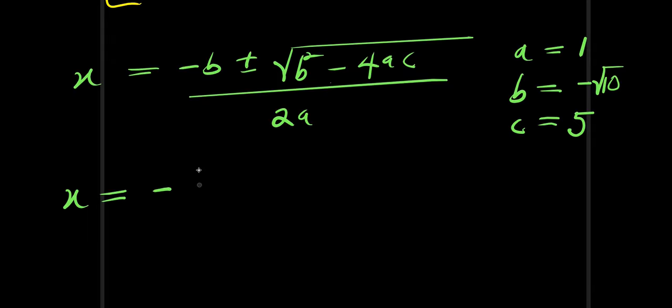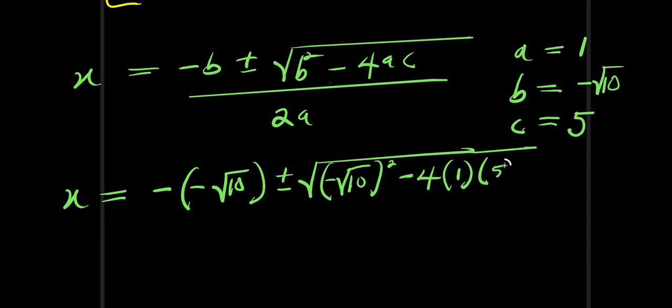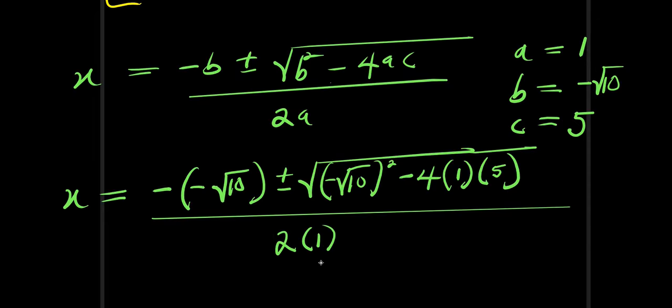x equals negative times negative root 10, plus or minus the square root of b squared, negative root 10 to the power of 2, minus 4 times a, that is 1, times c, that is 5, divided by 2 times a, that is 2 times 1.